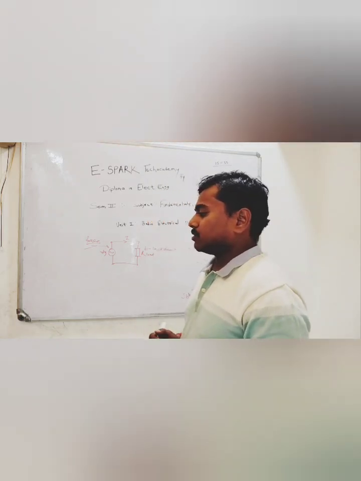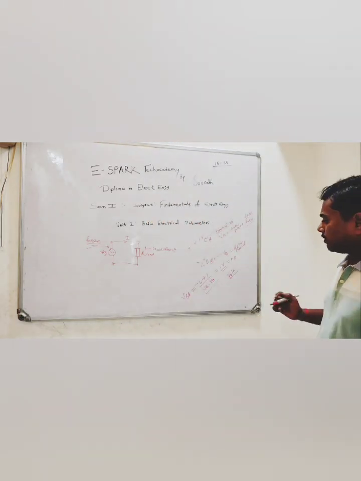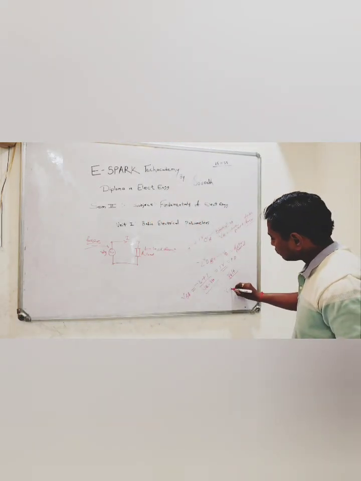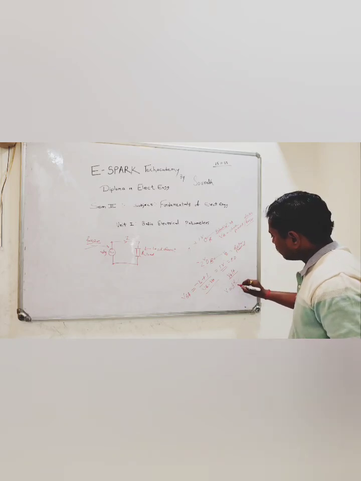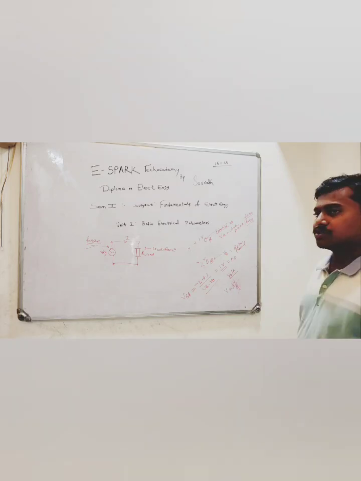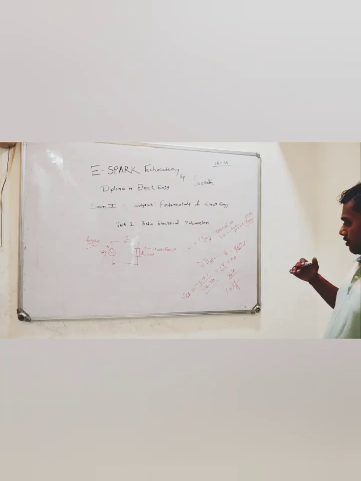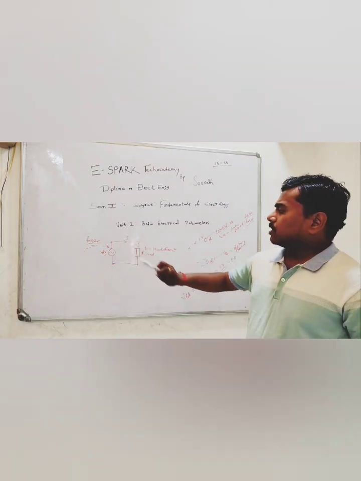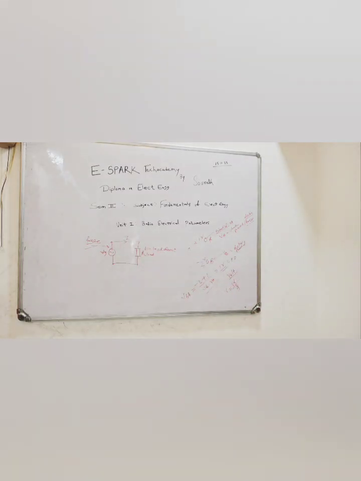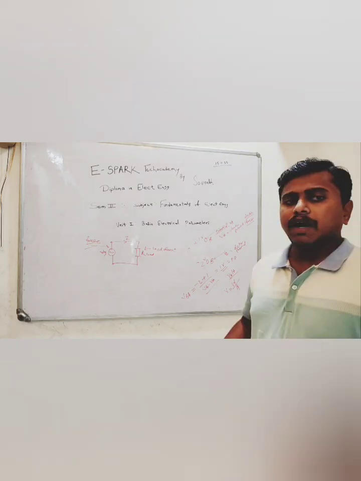Now voltage is actually work done per unit charge. If you are providing voltage to any circuit, current will flow through it, and that is the work done by that circuit.